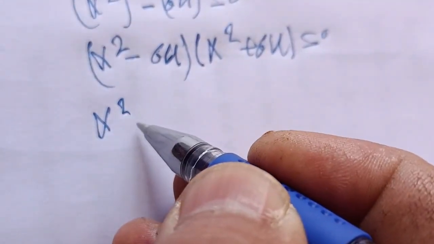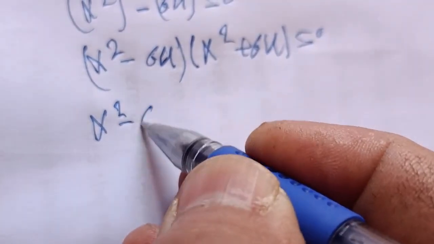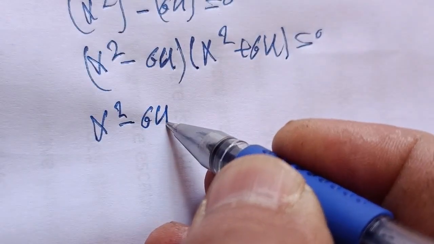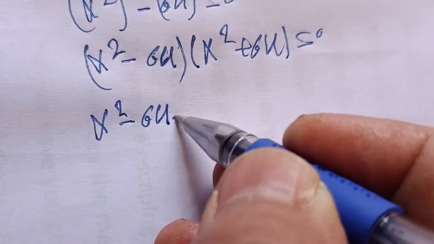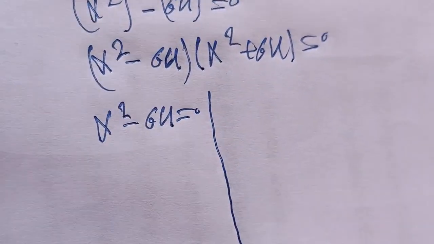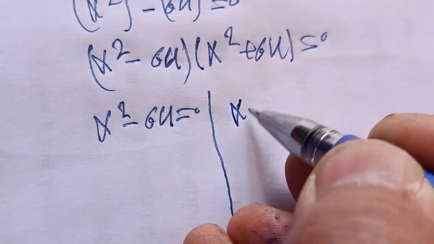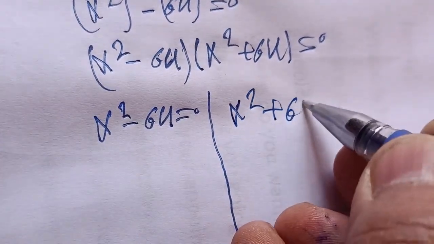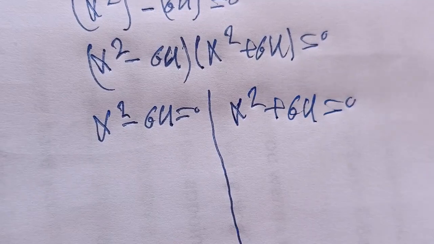Therefore x squared minus 64 equals 0, or x squared plus 64 equals 0.